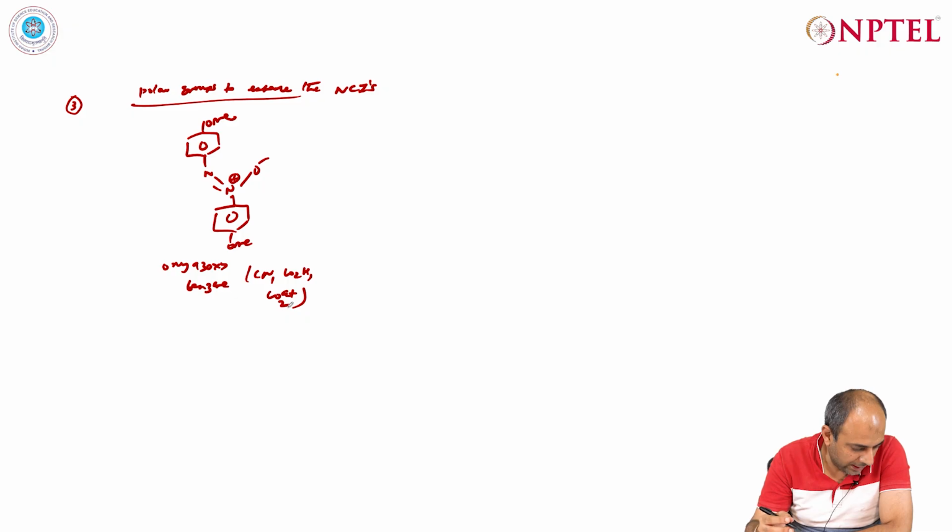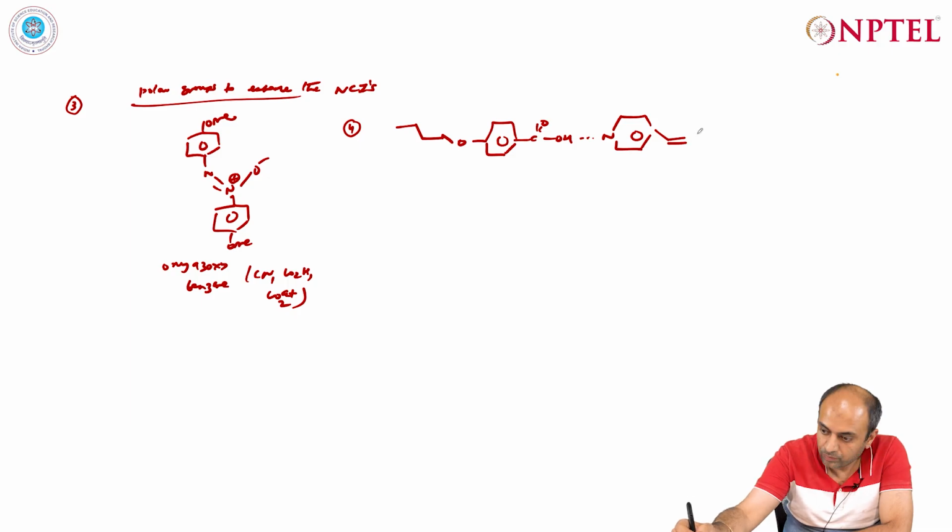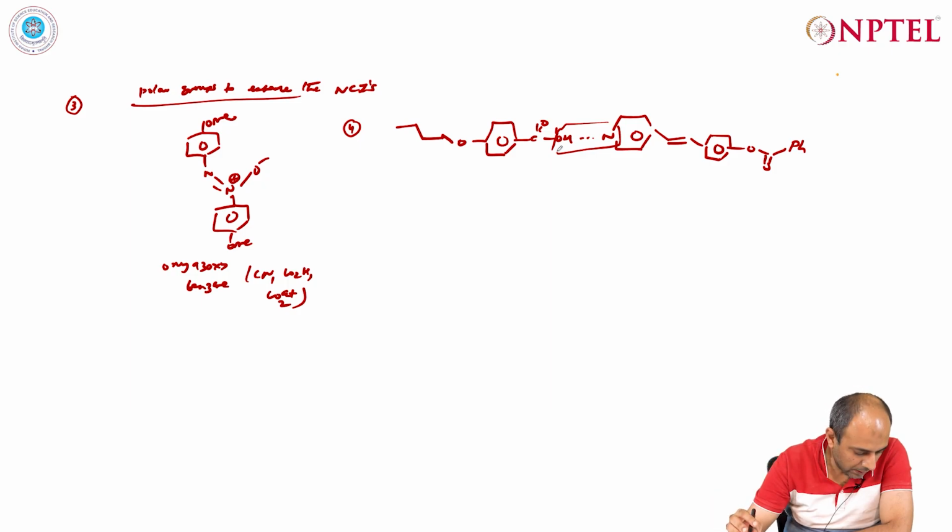And we can also have other cases where we can have hydrogen bond, further extensive hydrogen bonding. So we have the carboxylic side, and now we have the nitrogen side, and we can have this hydrogen bond which forms a mesogen.